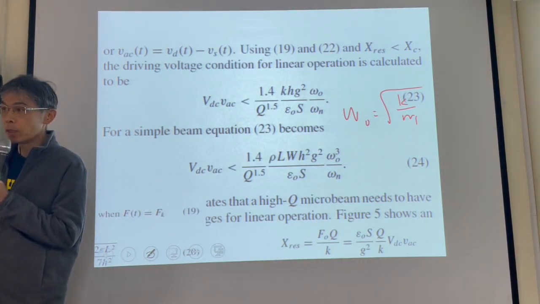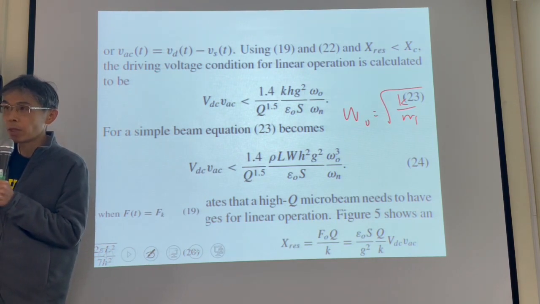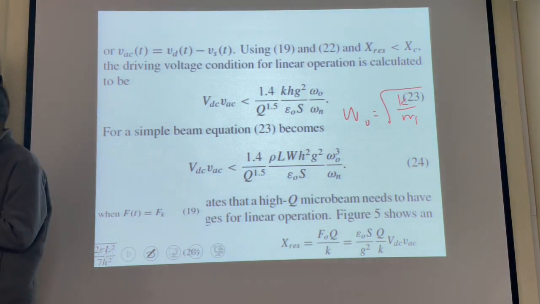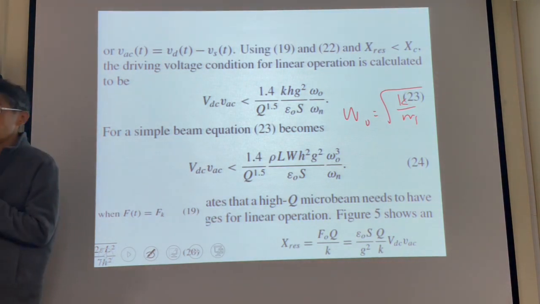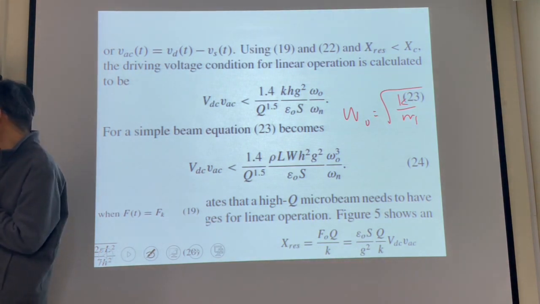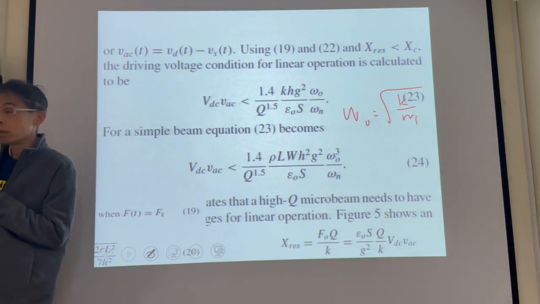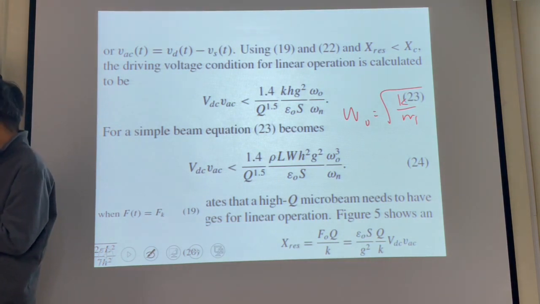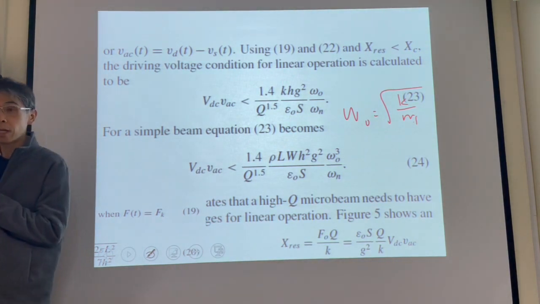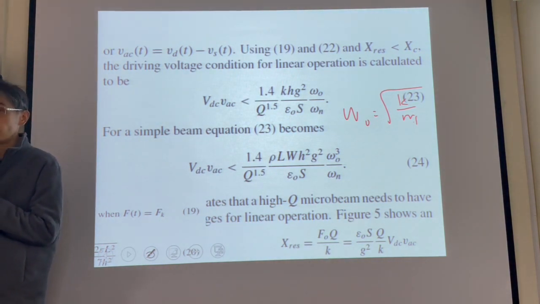Total mass of the beam equals volume multiplied by density. Rho is the density, and WH is the volume. If you square both sides, K over M equals omega 0 squared. So K equals rho WH times omega 0 squared. That's how we got this solution.